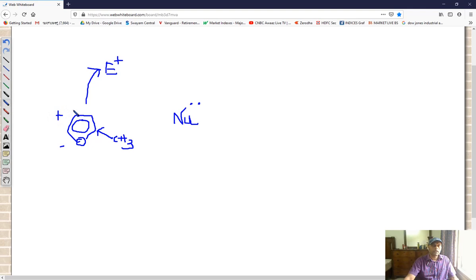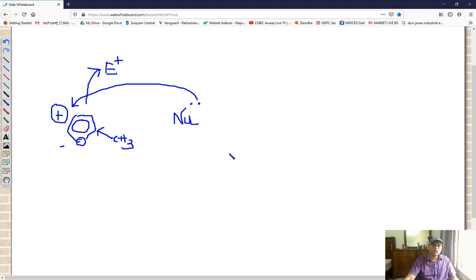Because it is less aromatic, the nucleus of this oxazole is going to get exposed, and this nucleophile is going to attack it.